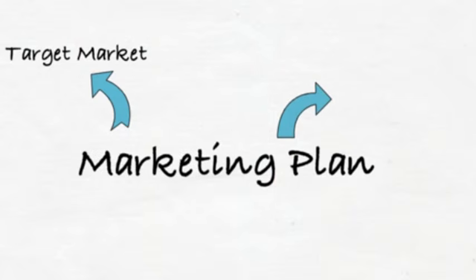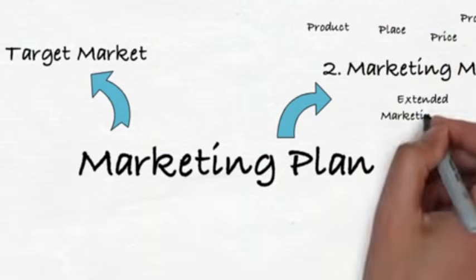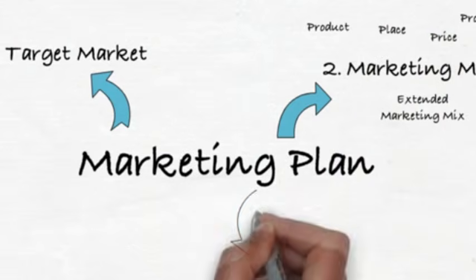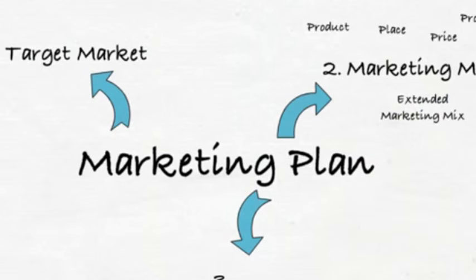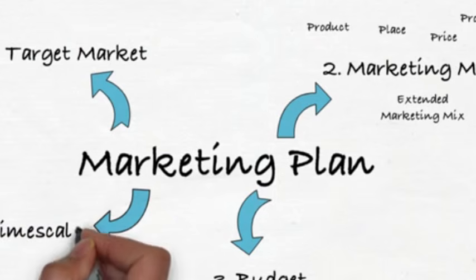You should then give a detailed explanation of your marketing mix, including product, price, place and promotion, as well as reference to the extended marketing mix if relevant. You will also be given a budget and need to allocate this to your planned marketing activity. And finally, produce a timescale that identifies when the different parts of your plan will be undertaken.